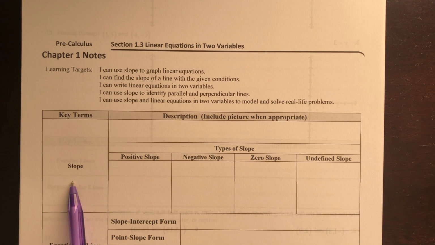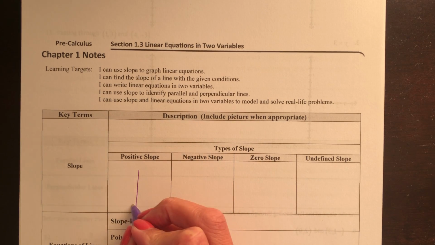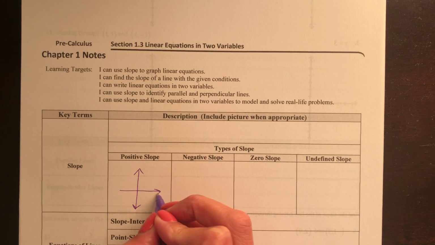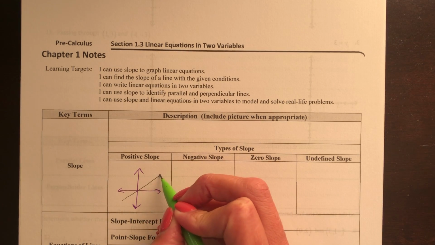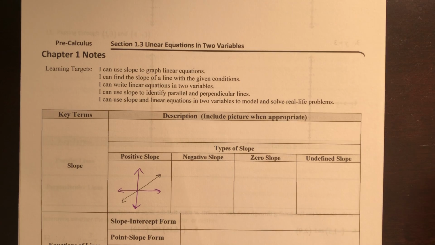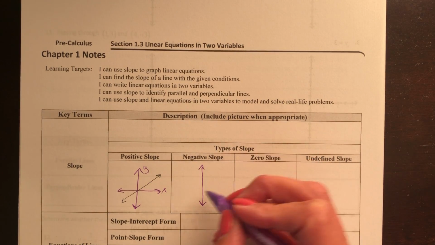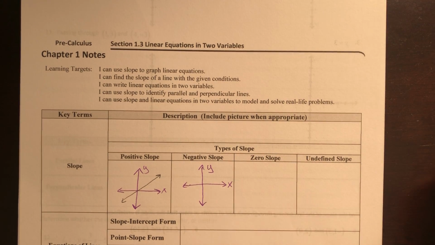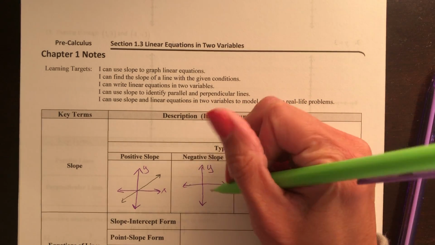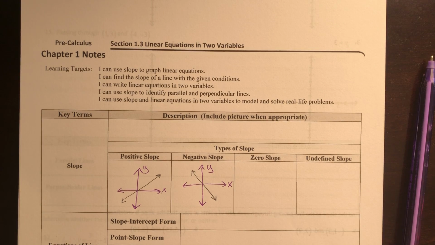So slope, there's 4 different kinds of slope possible. First is a positive slope. If you're graphing, the slope is going to go upward, be increasing. Negative slope, you're going to go downward, so it would be decreasing.